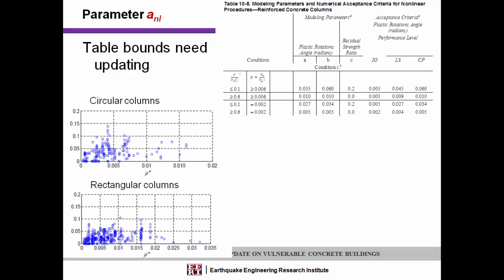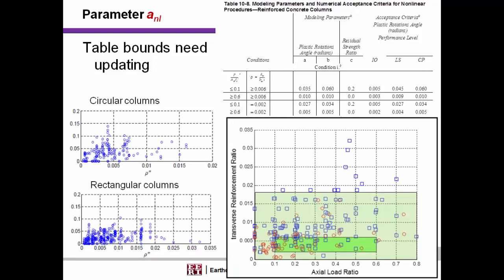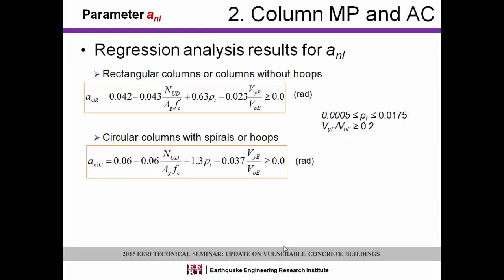If you look at the data, however, the transverse reinforcement for circular columns and rectangular columns goes much beyond that 0.06, which is over here. And currently you're interpolating over this green area between 0.1 and 0.6 axial load, 0.02 and 0.06, where the data encompasses all this. So now we're actually expanding that scope, looking at what happens with more reinforcement ratio and a bigger range of axial loads also. And the end result looks something like this.